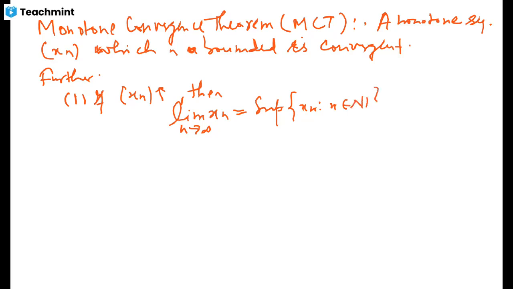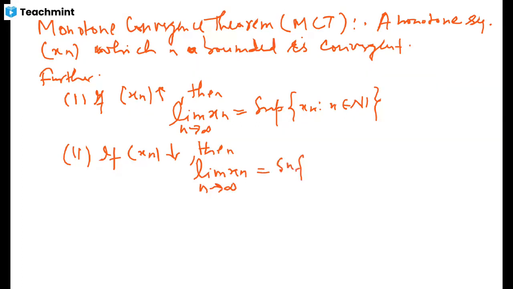And in case of a decreasing sequence, its limit is going to be the infimum of its range. So from the monotone convergence theorem, you can find this supremum and infimum, which will be the limits depending upon whether it is increasing or decreasing.